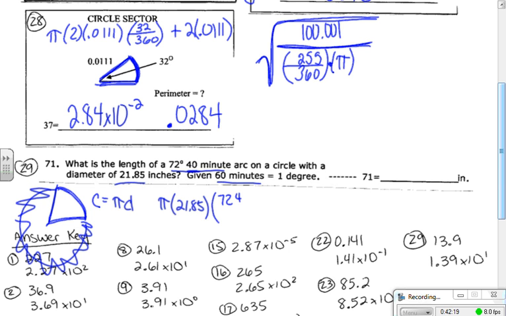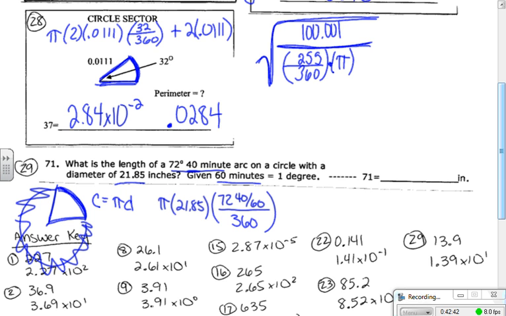It's going to be 40 out of 60. So 72 and 40 60ths, that's going to be in degrees over how many degrees there are in a circle, 360. So the angle that we have over the total possible angle for the entire circle, and that gets us the length of just that arc.